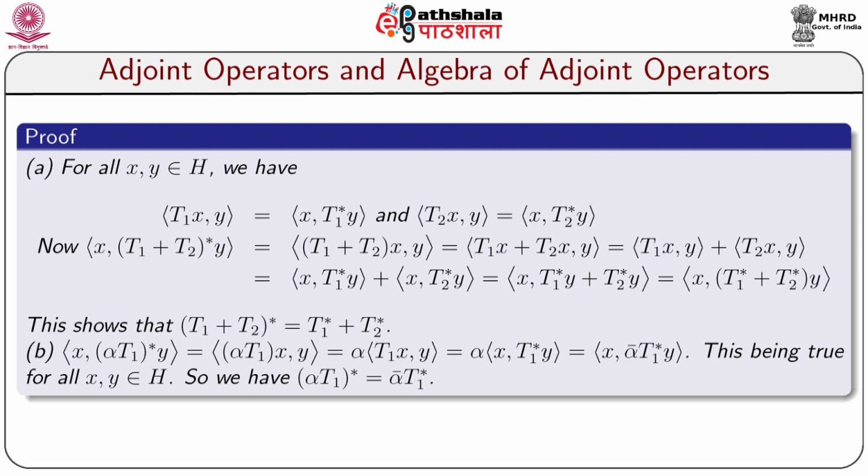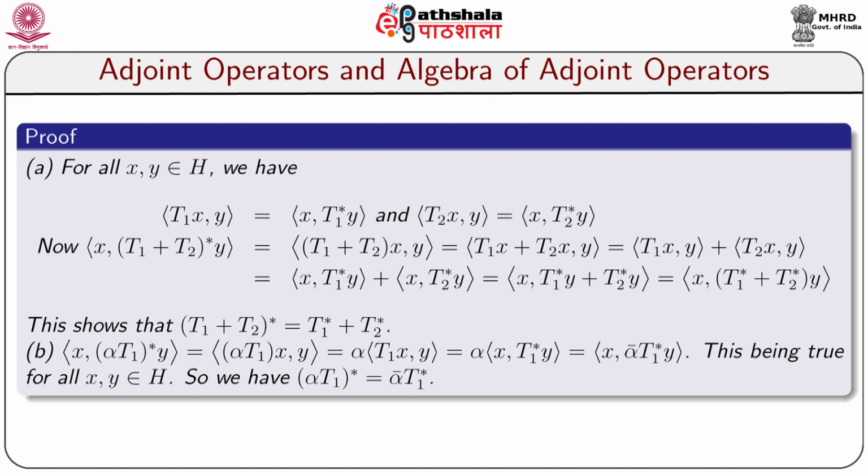For the first part, for all x, y belonging to H, we have inner product (T1 x, y) equals (x, T1 star y), and inner product (T2 x, y) equals (x, T2 star y).